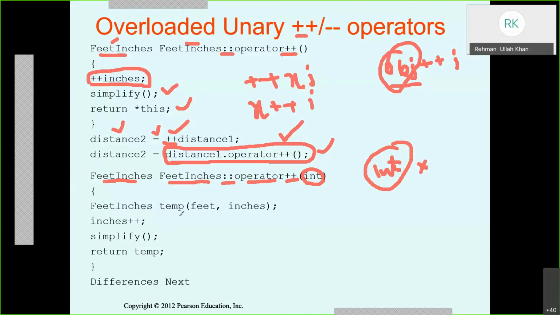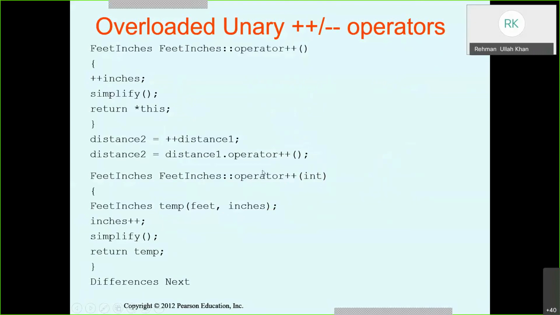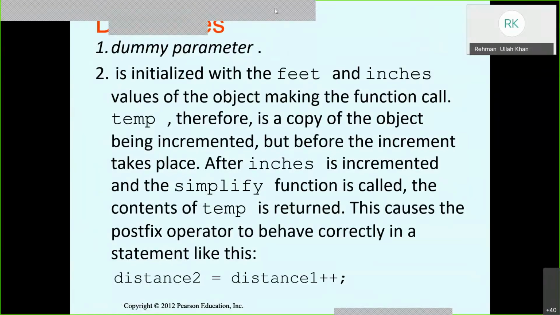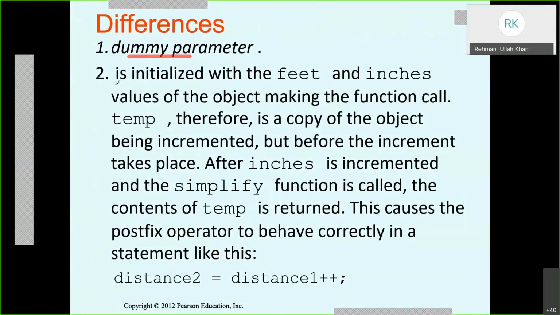Feet inches temp. You see we created a temp object, then we increment its inches value, then simplify, and then return the temp. So the difference between these two, as I told you, is the dummy object and the way it is called. It initializes with the feet and inches values of the object.